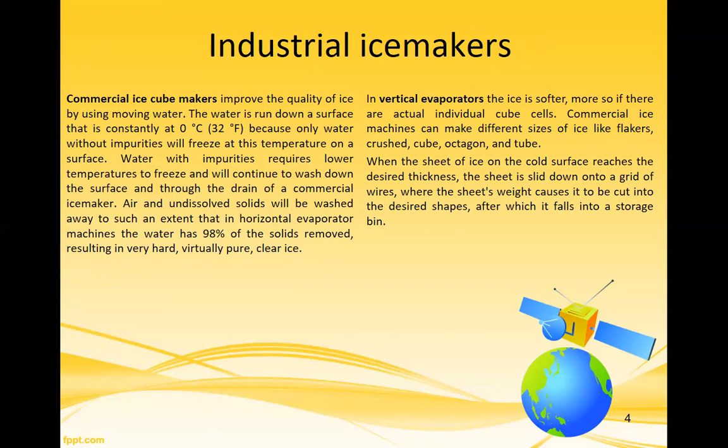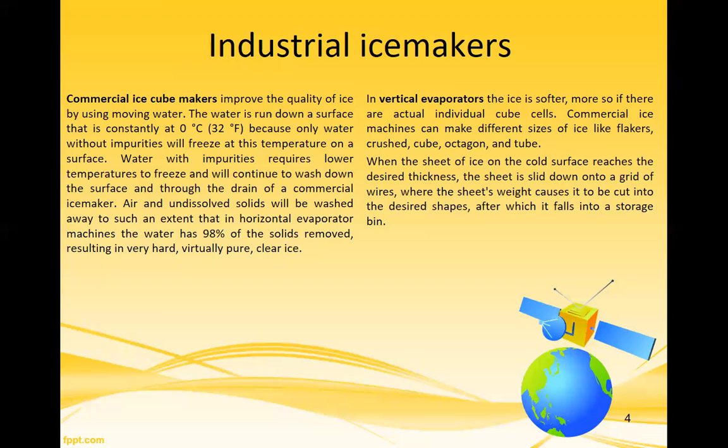Water with impurities requires a lower temperature to freeze and will continue to wash down the surface through the drain of a commercial ice maker. Air and undissolved solids will be washed away to such an extent that in horizontal evaporator machines, the water has 98% of the solids removed, resulting in very hard, virtually pure, clear ice.